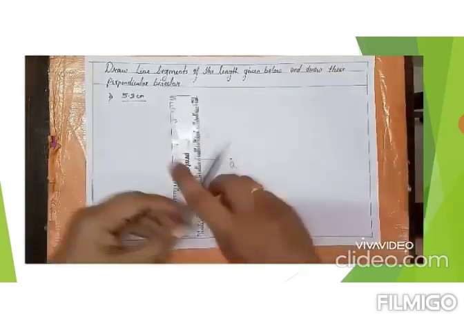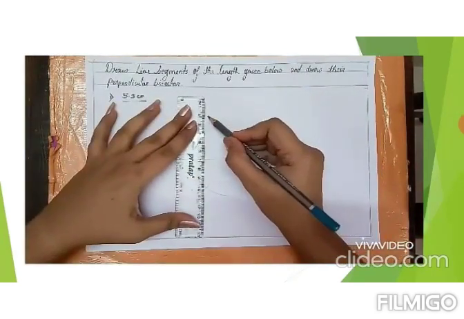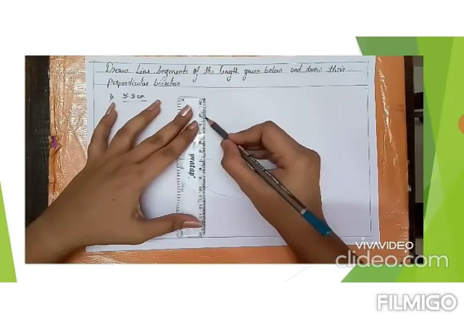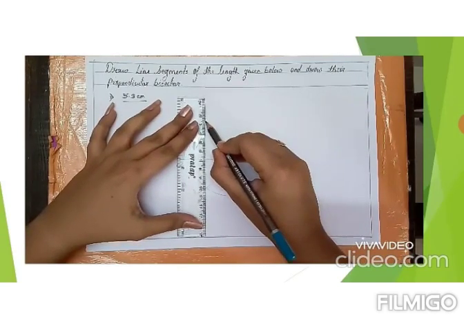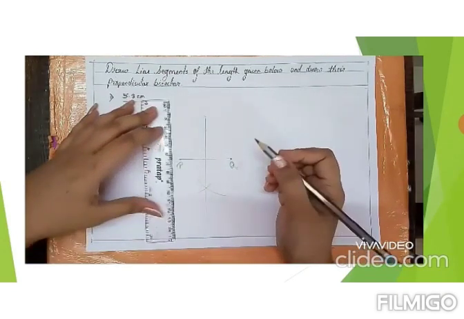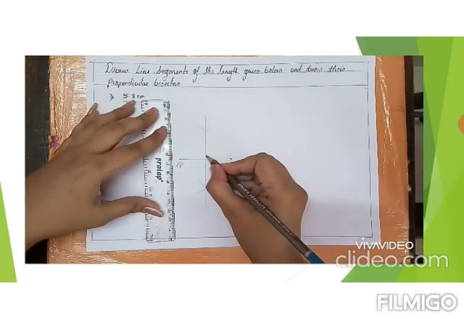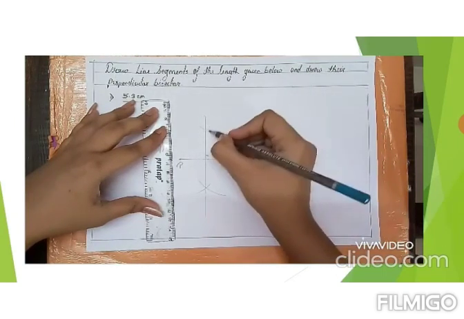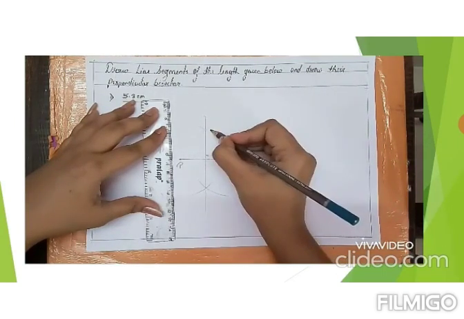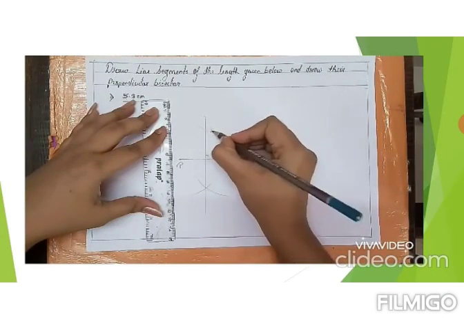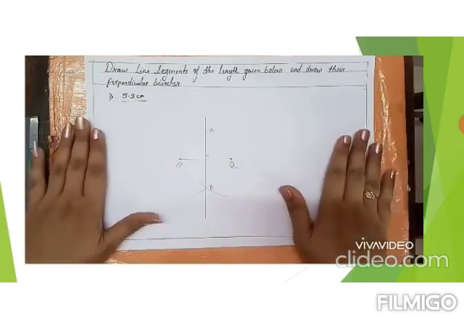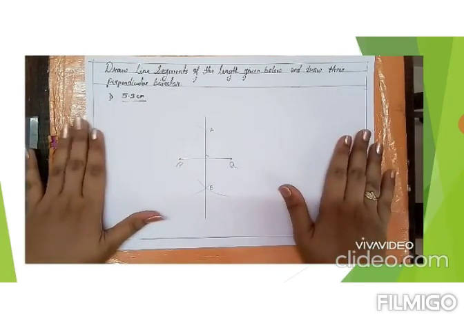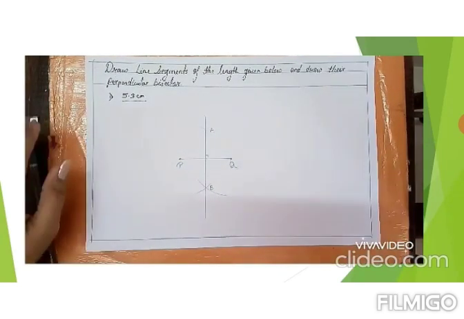Now we have to draw the straight line passing through both arcs. Mark 90 degree and give the name A and B to both arcs. Our perpendicular bisector of a line segment is done.